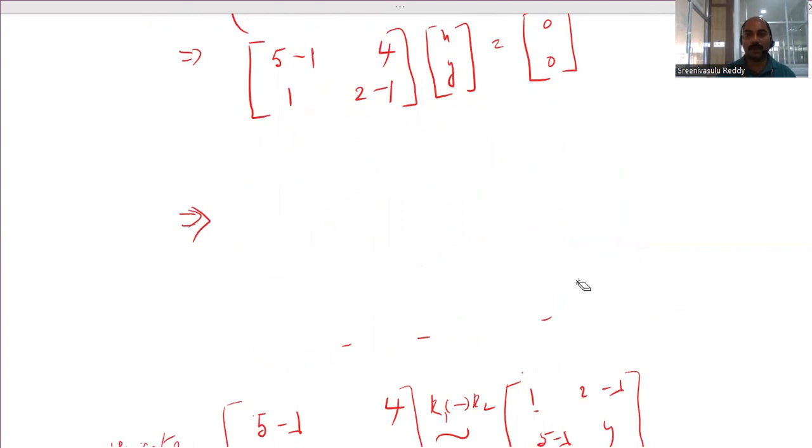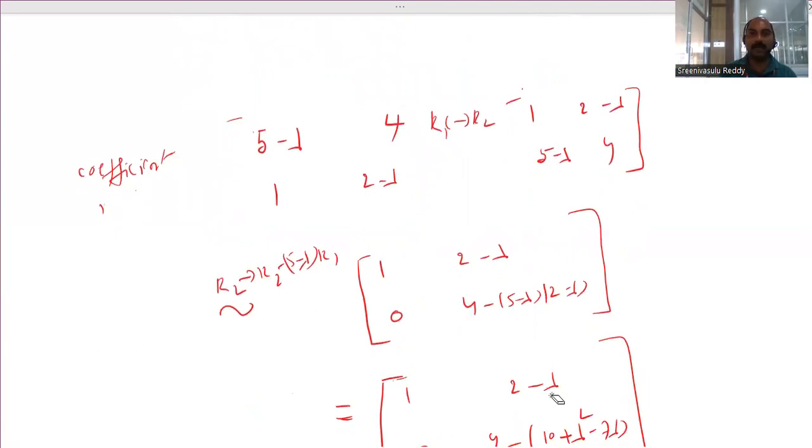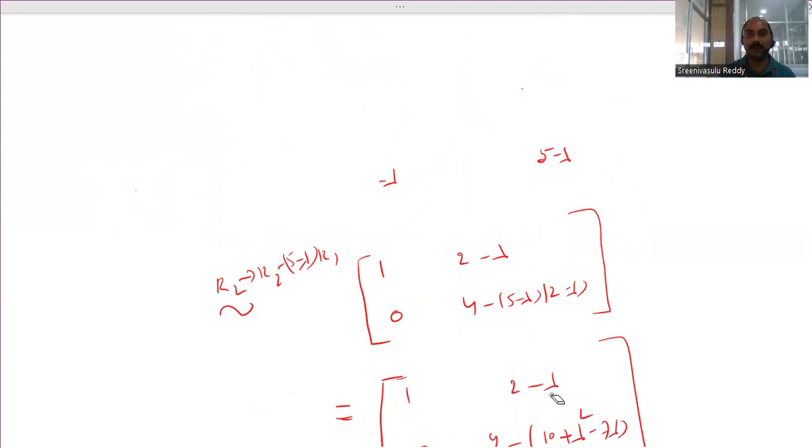Otherwise, you can substitute lambda and get lambda equal to 1 in the last step. That is also one way. But my suggestion is, from the starting only, we substitute the lambda value. It is better to decrease the number of steps in proving the theorem. So I want to reduce the number of steps.